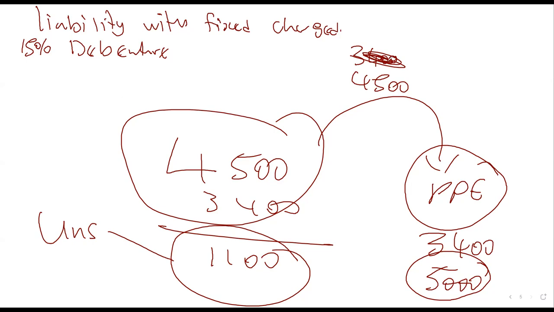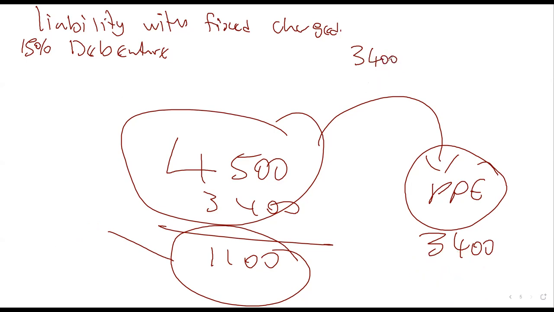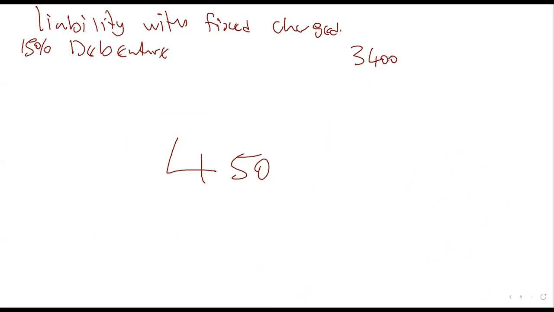So in this case, we can only record what the asset can pay. The rest becomes unsecured liabilities. We are done.